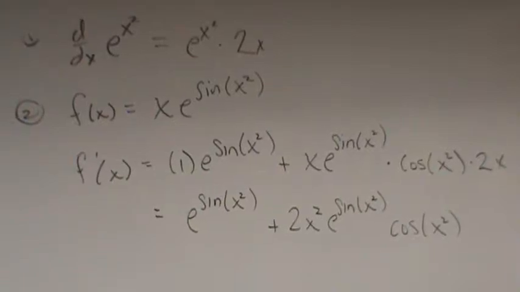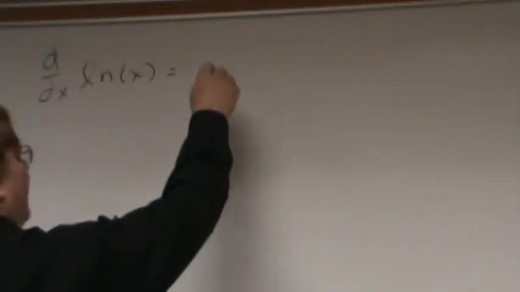Anyone remember? What's the derivative of the log natural of x? Zach, say that again? No, but you're close. Oh, it's just 1 over x. Derivative of the log natural of x is 1 over x. It's simple.